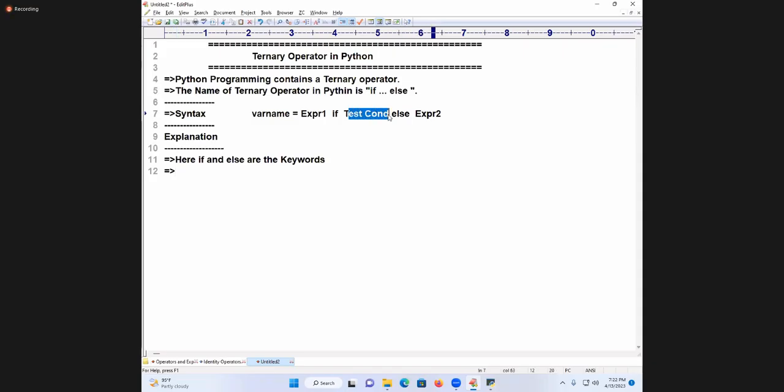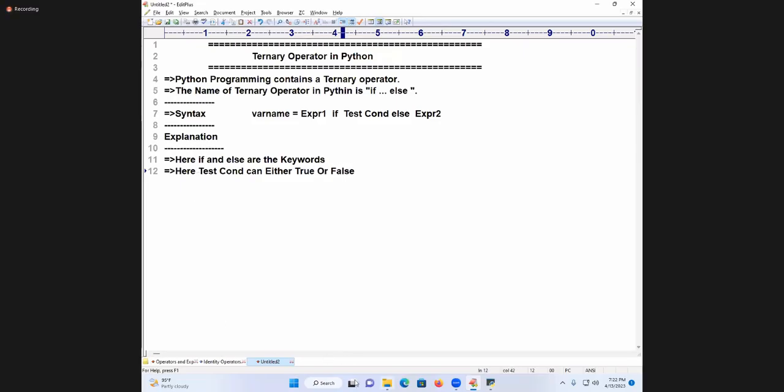One more, you observe it. What is the test condition? Here, the test condition can be either true or false, which I told you already in the class.